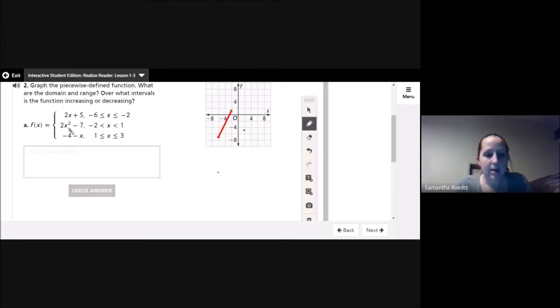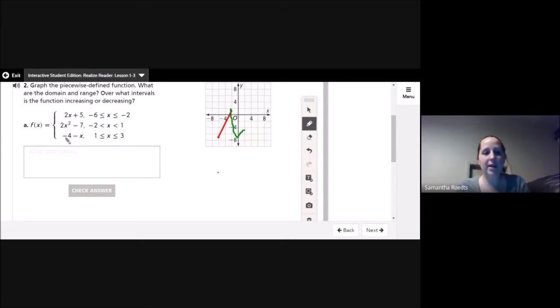Okay. And I'm going to substitute 0 and see what I get. So that's negative 7, which is down here. So it looks something like that. Okay. All right, and then I have the last one, negative 4 minus x for between 1 and 3.